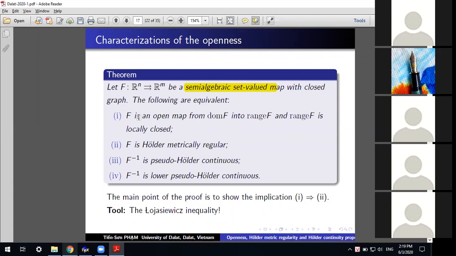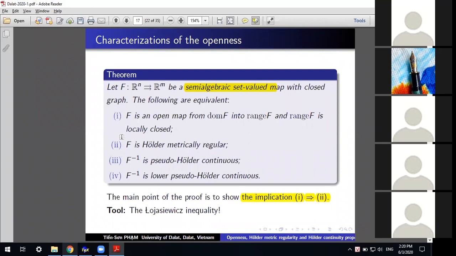This condition is equivalent to the following: first, F is Hölder metrically regular, and the inverse F^{-1} is pseudo-Hölder continuous, and the last one. The main point of the proof is to show the implication that the first implies the second.